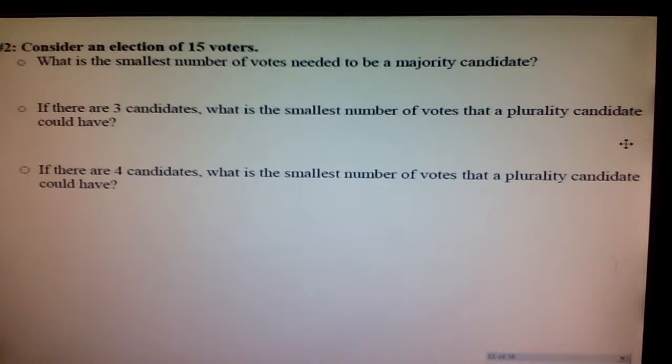Good, except for A. What's half of 15? 7.5. Which means you only need more. And the reason why not is because it's not a majority.